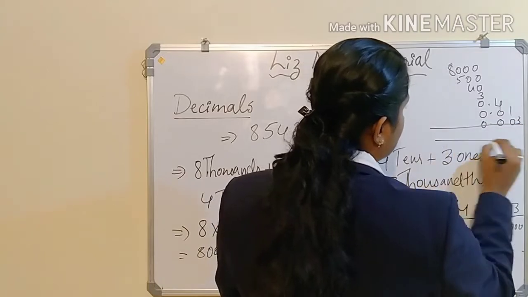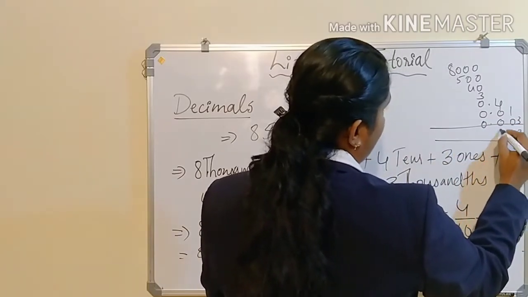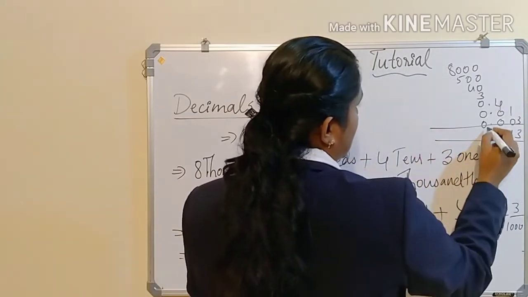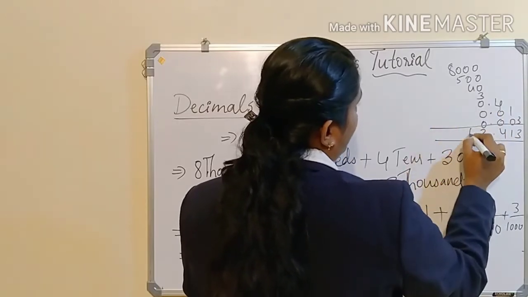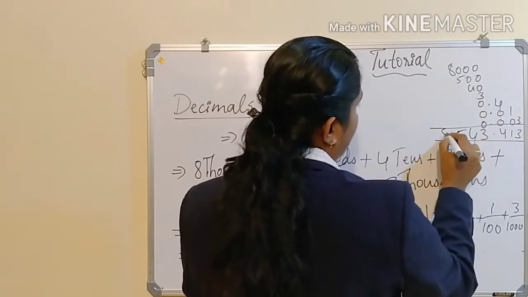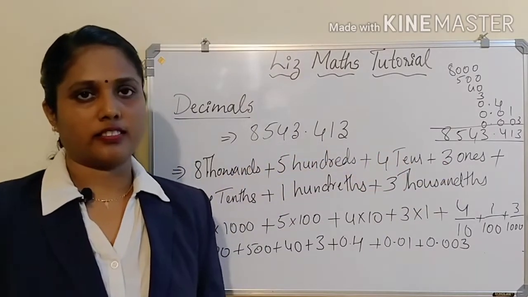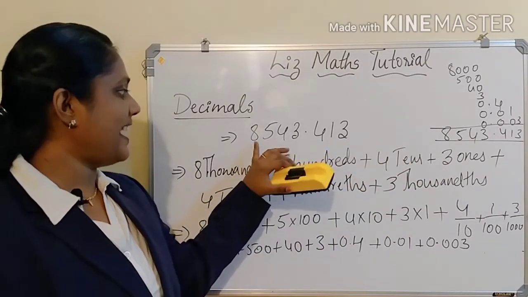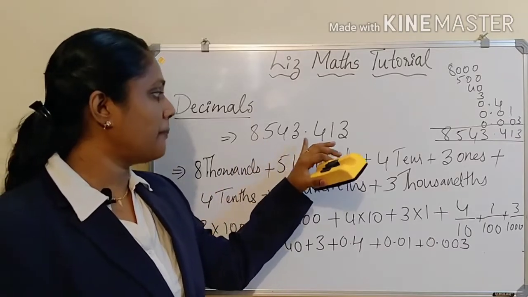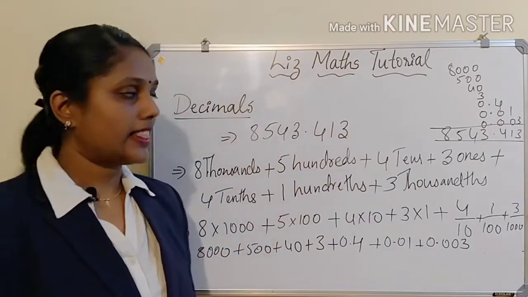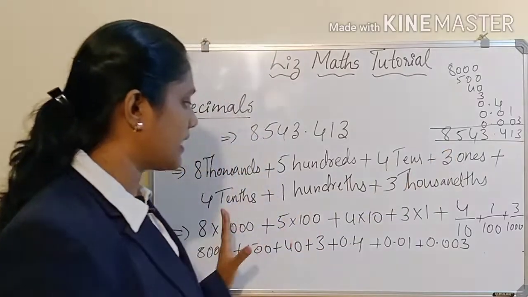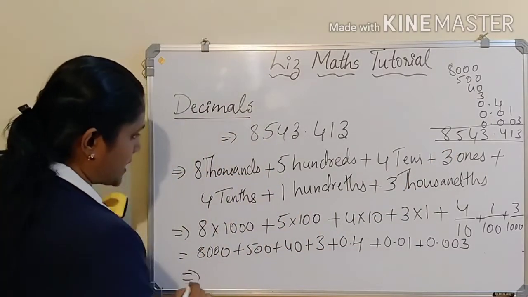Go for adding this: 3, 1, 4, point, then again 3, 4, 5, 8. 8543.413. After adding also we are getting this. So this way you have to expand.